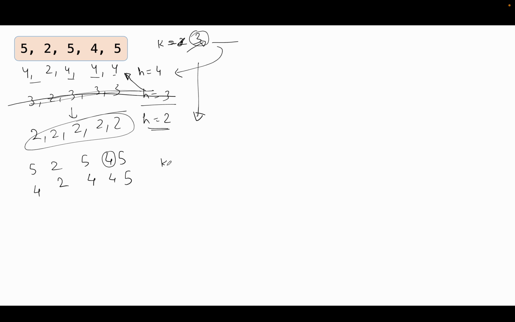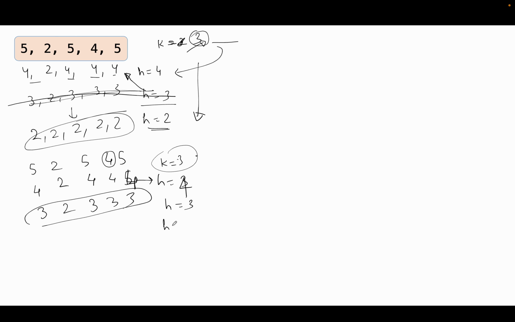And now k is 3 in this case. So here h was 3, h was 4. Now we can take h equal to 2 or 3. If we take h equal to 3, this will become 3, 2, 3, 3, 3. Now still all the values are not equal to k.